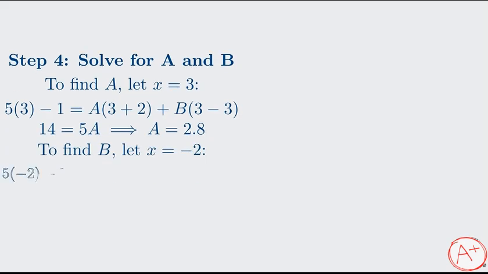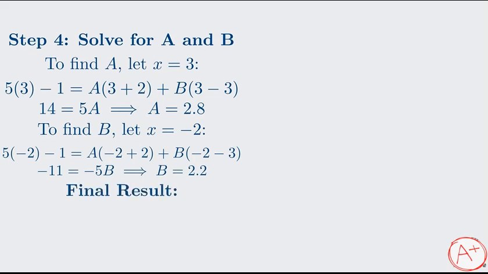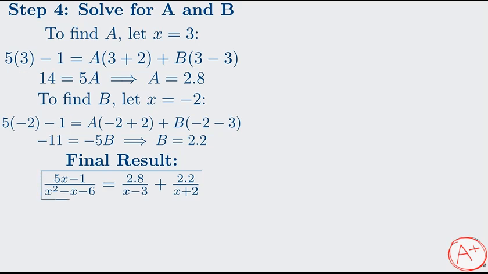Substituting negative 2 gives negative 11 equals negative 5b, so b equals 2.2. Finally, we state our result. 5x minus 1 over x squared minus x minus 6 is equal to 2.8 over x minus 3 plus 2.2 over x plus 2. This is our completed decomposition. We have successfully broken a complex fraction into two simpler parts.